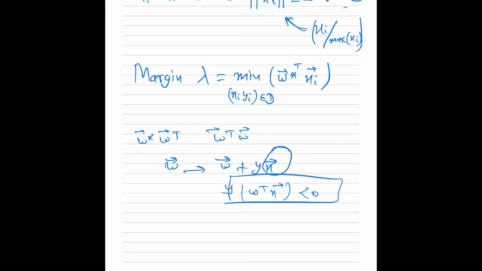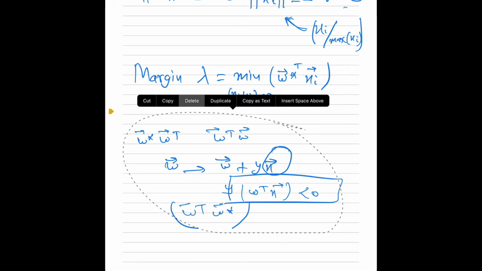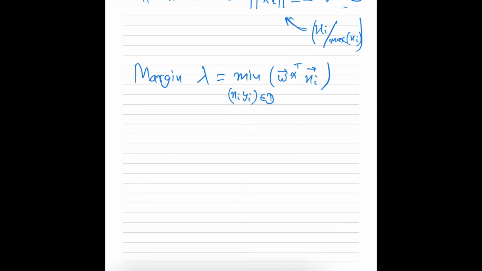So if we make an update, how does it affect w transpose w star? Let me delete all this rough work.